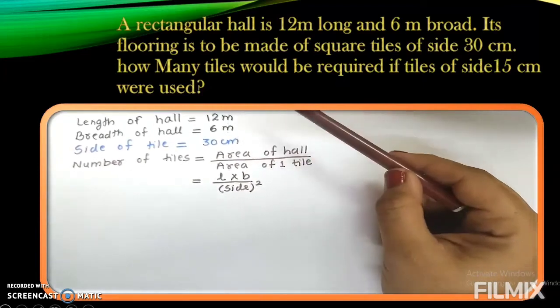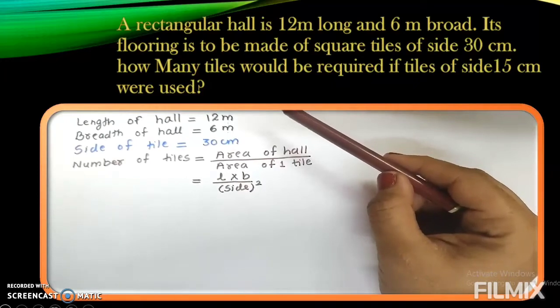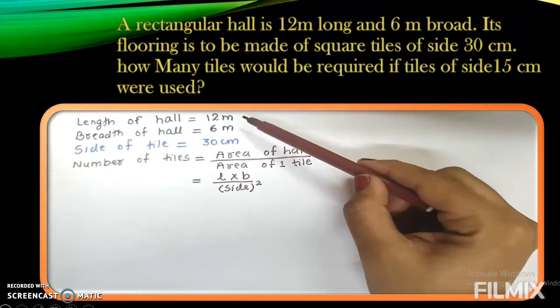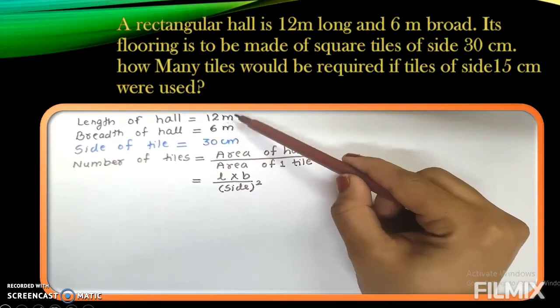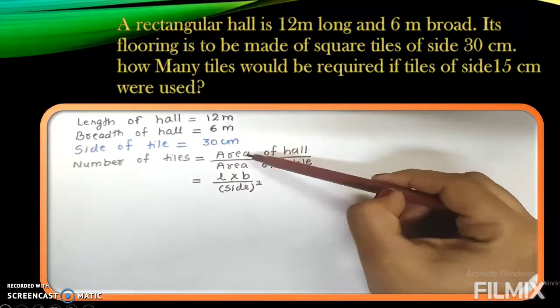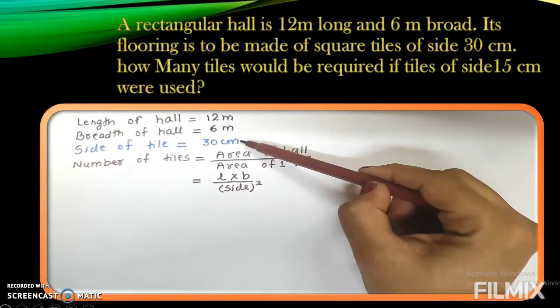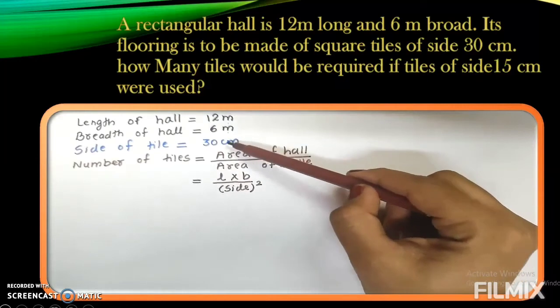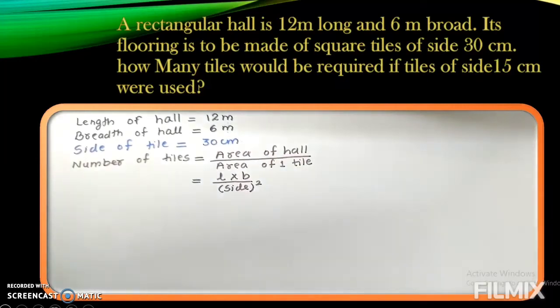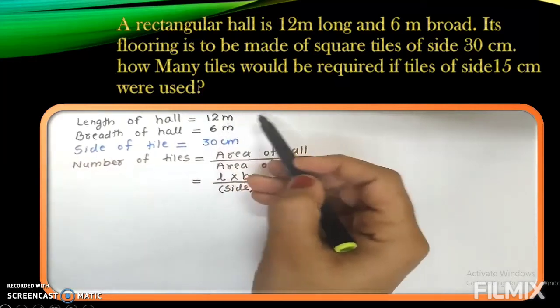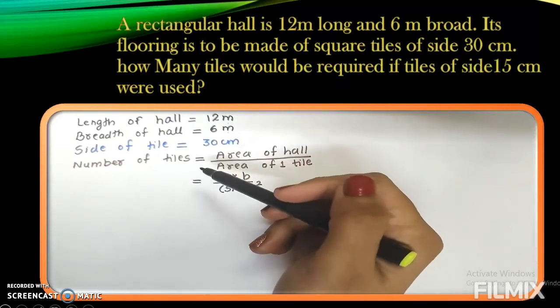Either all the three values should be in centimeter or in meters. So you have two options. Either you convert meters into centimeters or you convert centimeters into meters. But if we convert centimeter into meters, our number will come in decimal point. And you all mostly make mistakes whenever decimal numbers come. So to avoid mistake, what we will do? We will convert meters into centimeters.